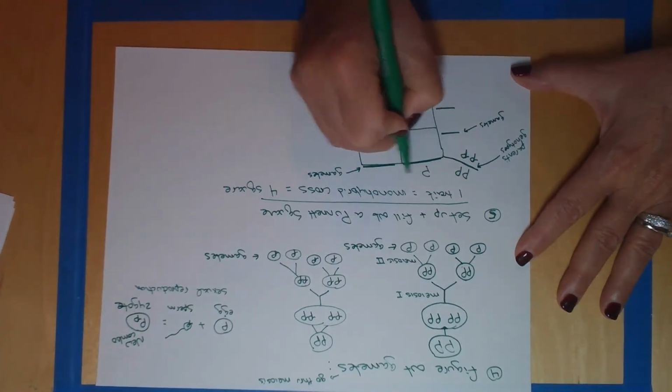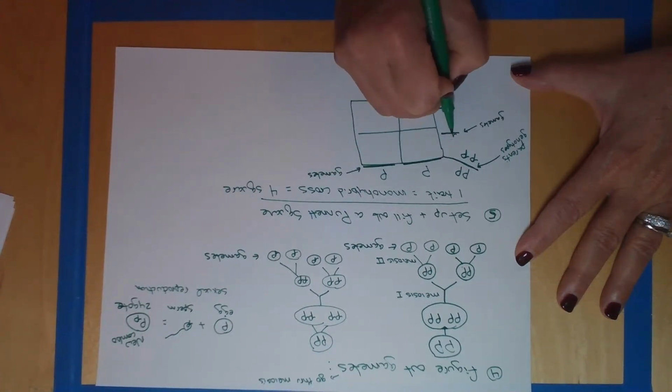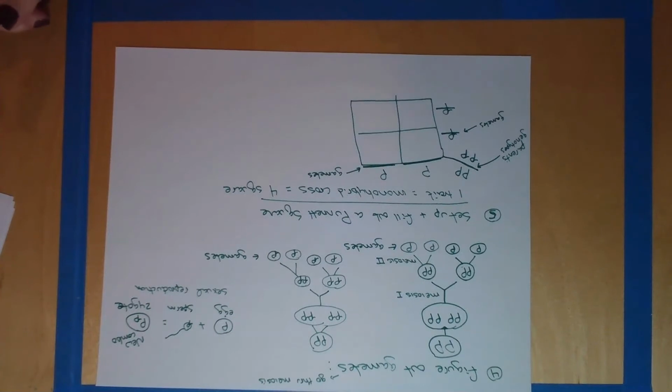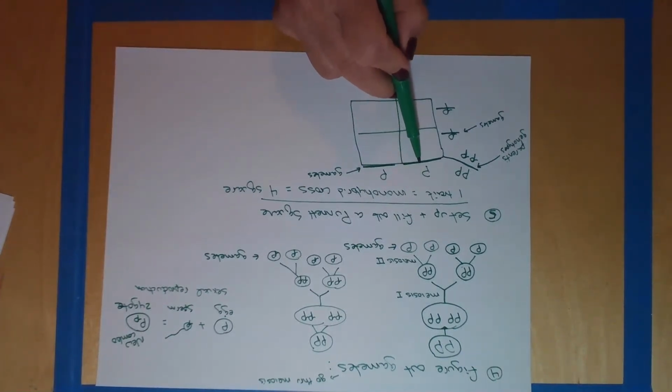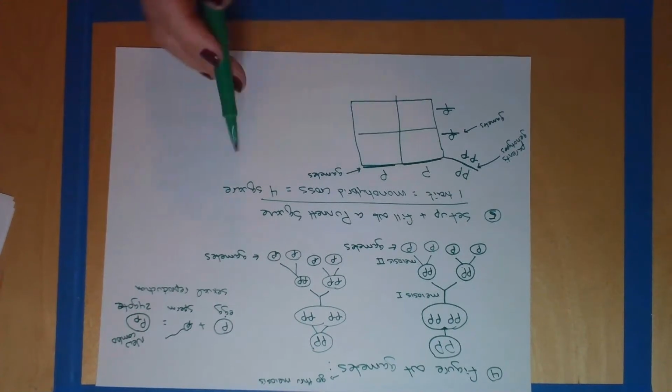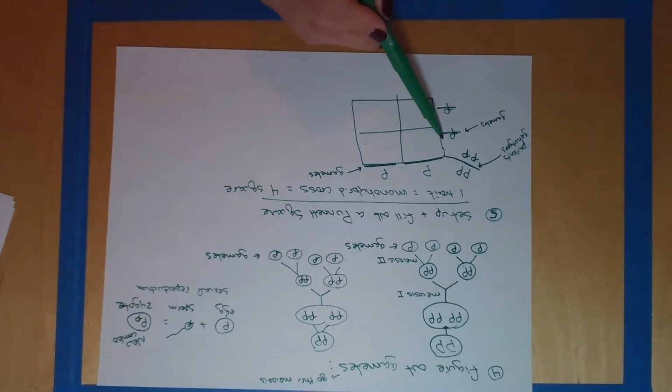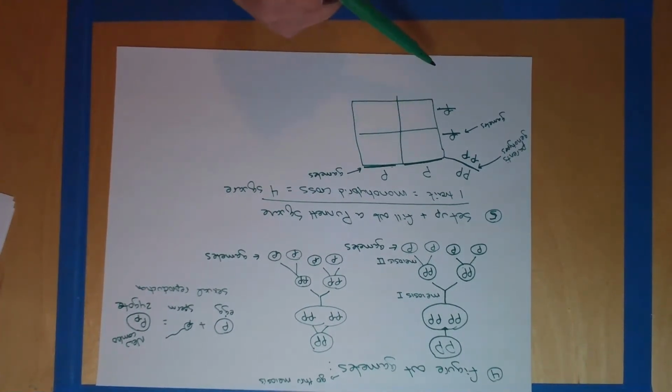All right. Now here's kind of a tricky thing. In a monohybrid cross, there's only a possibility of you getting up to 2 different gametes. Okay. So we only have 2 places for a gamete to actually be written down. So that's why it's a 2 by 2 Punnett square.